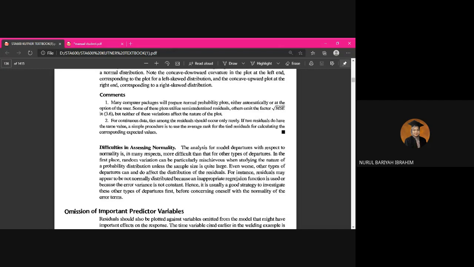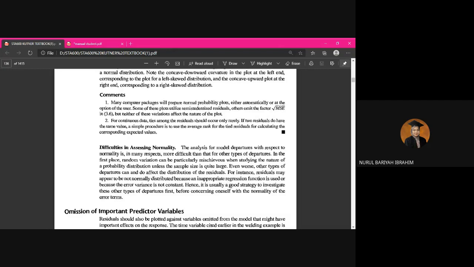Even worse, other types of departure can affect the distribution of the residual. For instance, residual may appear to be not normally distributed because an inappropriate regression function is used or because the error variance is not constant.